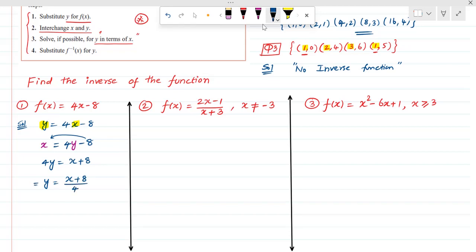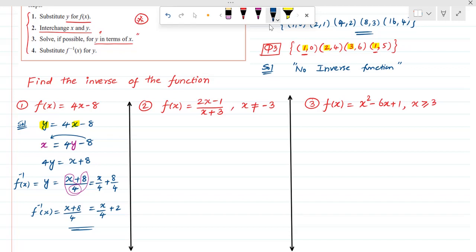Either you can leave this as f inverse of x, or you can simplify it by separating the parts. So you get x over 4 plus 8 over 4. Both answers are right. Either you can write it this way, or you can write (x plus 8) over 4. Both are correct functions. This is only the simplified form.